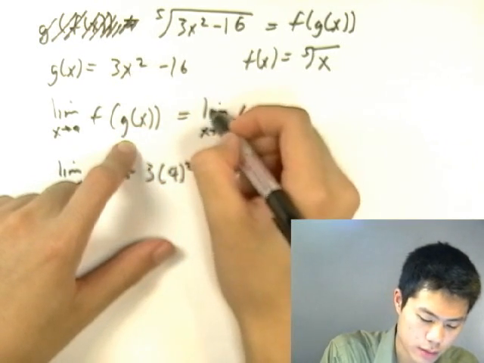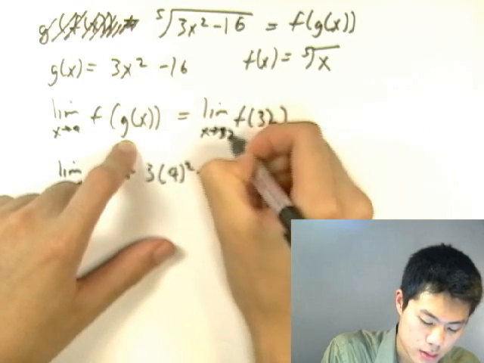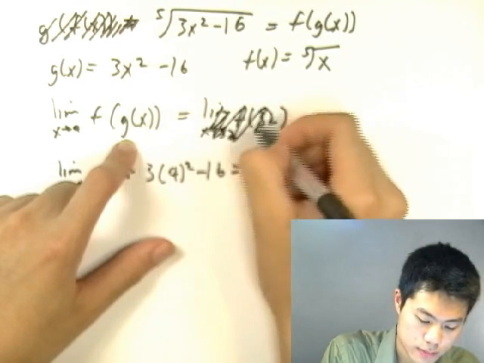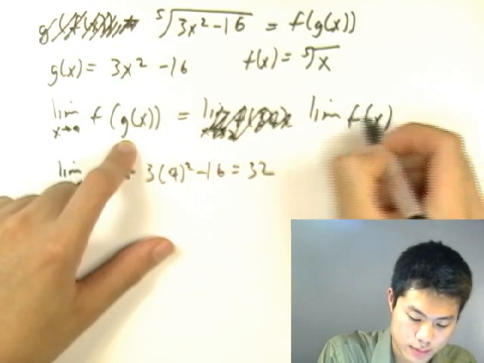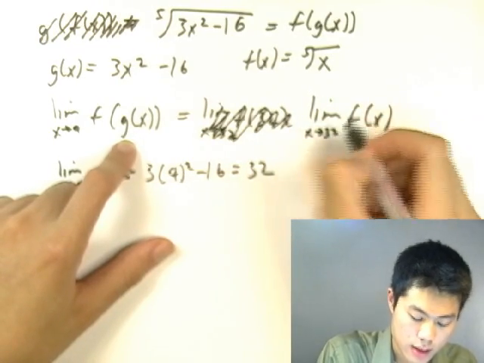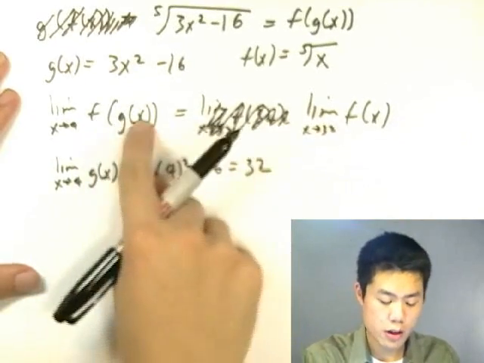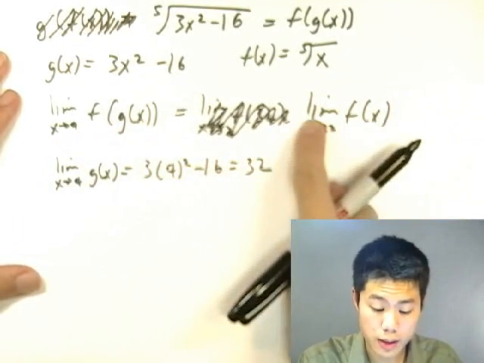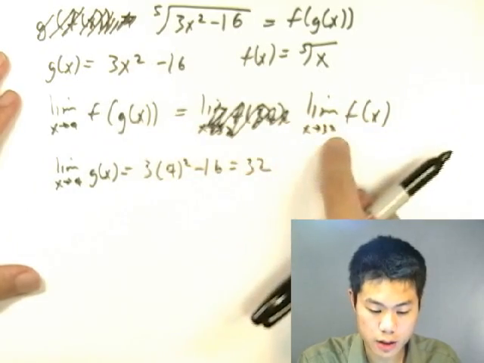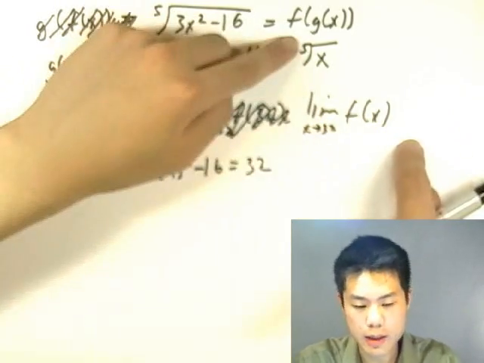No, sorry. What we're going to get is, since this inner function is going to approach 32, the limit of the outer function now is going to be the limit of f of x as x approaches 32, and we can simply plug it in.